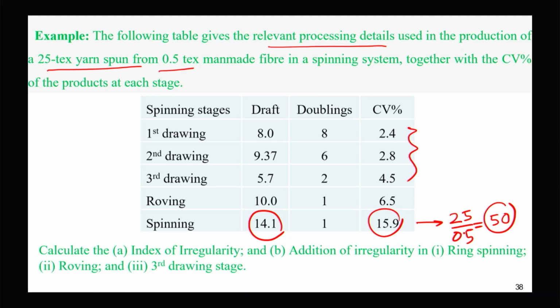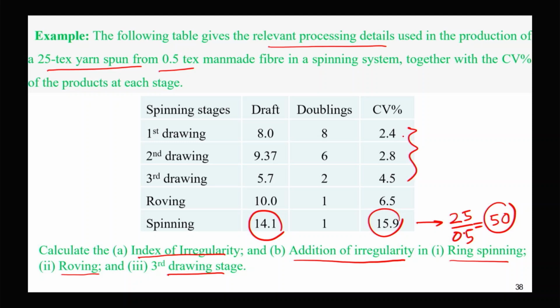Now what is asked? Calculate the index of irregularity, addition of irregularity in ring spinning, roving frame and third draw. So let us go one by one. This type of numerical where we know the number of fibers at certain stage.